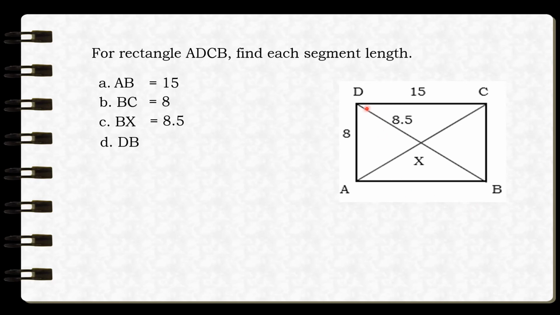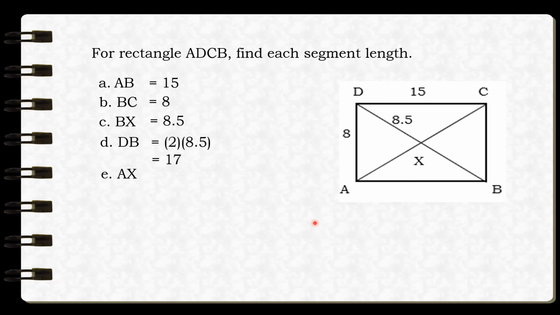Here is segment DB or the diagonal. So if segment DX is 8.5 and segment DX is congruent to segment BX, so the whole segment DB is also equal to 2 times 8.5, or simply that is equivalent to 17.